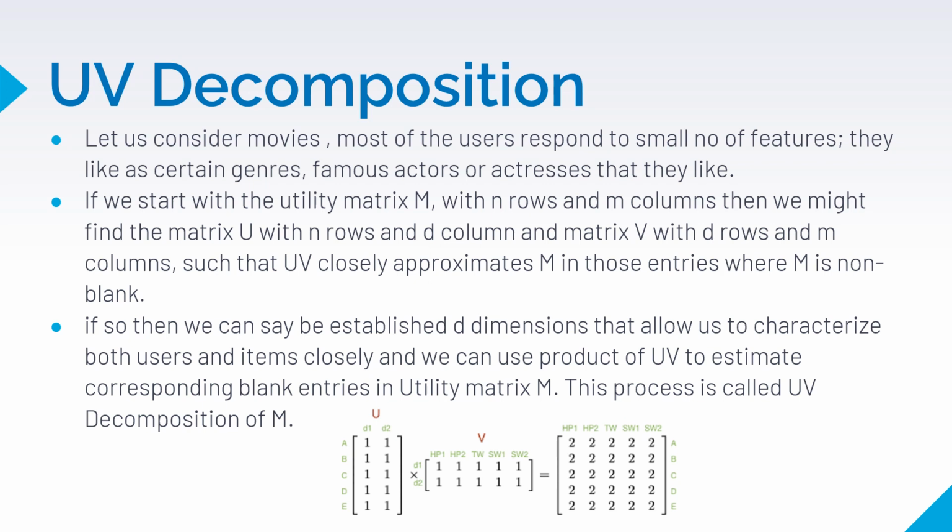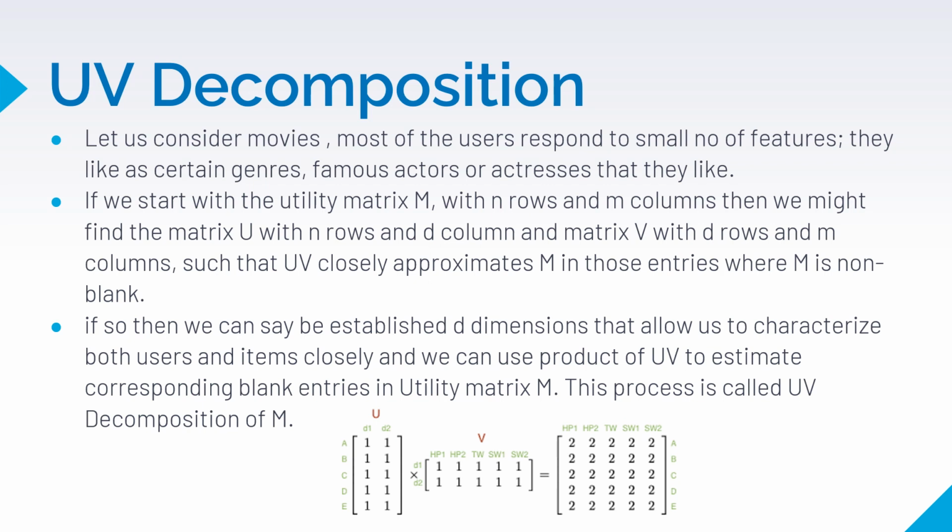Moving on, we have UV decomposition. Let's consider the case of movies. Most of the users respond to a small number of features. They like certain genres, or famous actors or actresses.